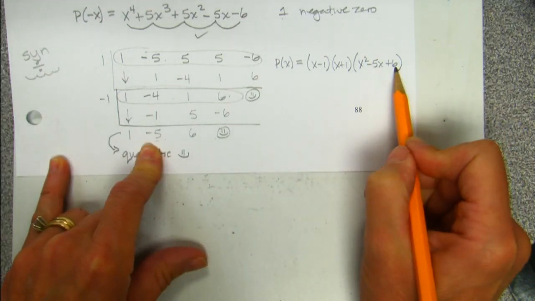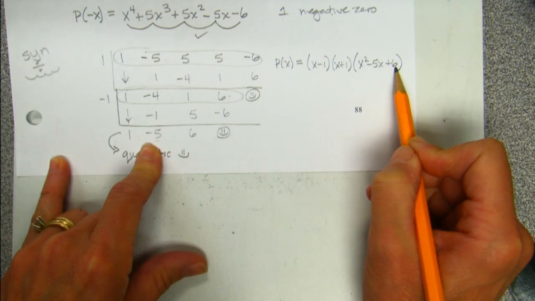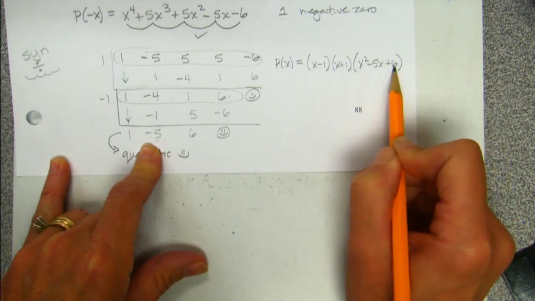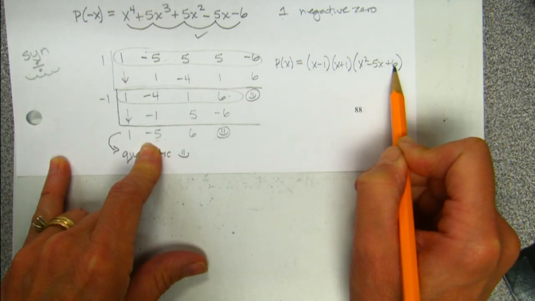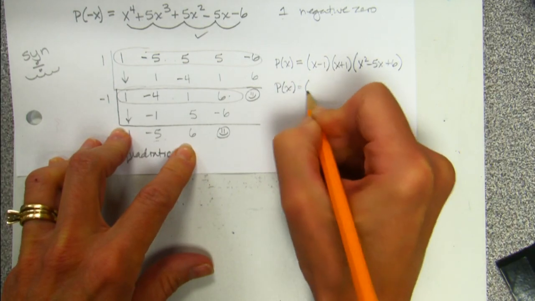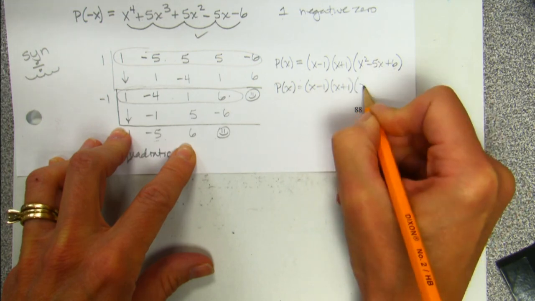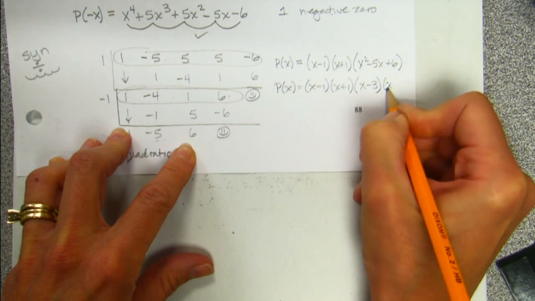Once you're quadratic, if it doesn't factor, you'll find the other zeros with the quadratic formula probably. And this would be your final answer factored, but this guy does factor. Yay. Our final answer is x minus 1, x plus 1, x minus 3, x minus 2.